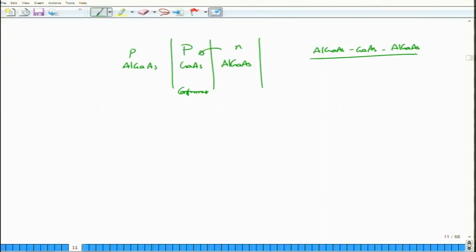Okay. Which of course provides both confinement to the carriers as well as to the optical modes in the same material structure. Of course, in an actual device there will be many different layers. It is also possible to get an even better laser, which is called a quantum well laser, in which the thickness of the central region is made very small. This is in the range of just about an angstrom, instead of about 100 to 200 angstrom.